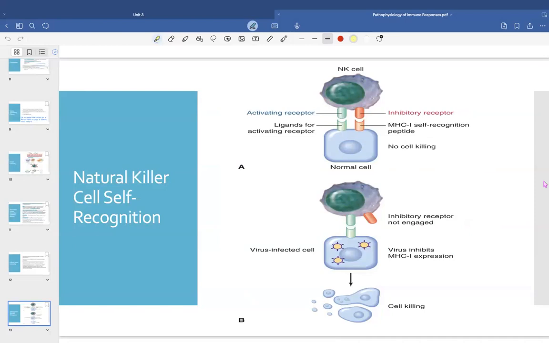So if it comes in contact with a normal healthy cell, and both of those receptors engage, right, then you don't have any destruction of cells, self-recognition. If, on the other hand, on the lower diagram, you have a virus-infected cell.